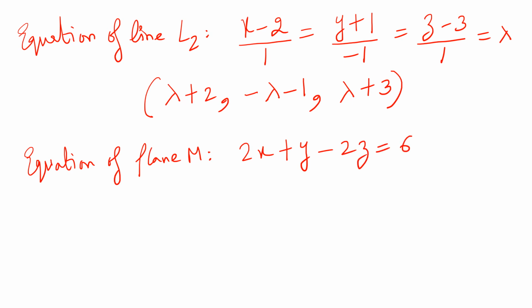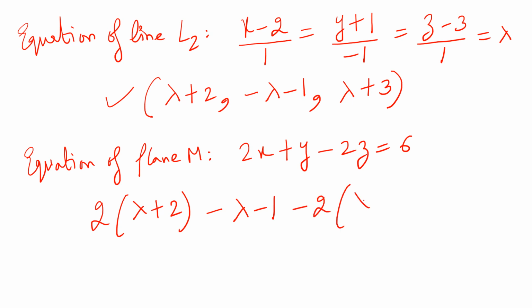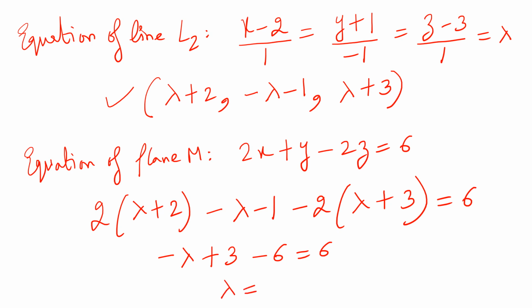Now to get the coordinates of the point Q, I will put the general coordinates of any point lying on the line L2 in the equation of the plane M. So now it becomes 2 times inside the bracket lambda plus 2, then minus lambda minus 1, and then minus 2 times inside the bracket lambda plus 3 equal to 6. Now students, when we solve this equation, we get minus lambda plus 3 minus 6 equal to 6. And from here we get the value of lambda as minus 9.